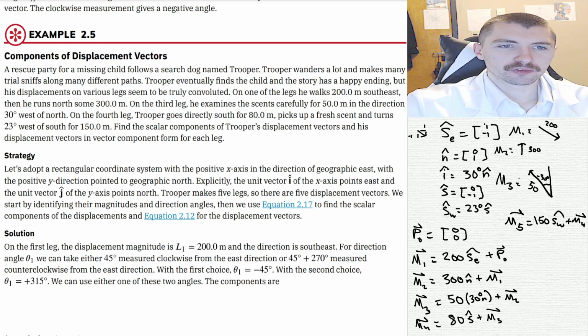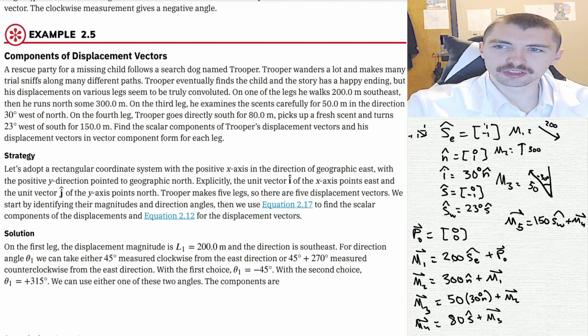So find the scalar components of Trooper's displacement vectors. Displacement one will be easy, that's just 200. You would just add all these up and we would get a number. I don't think it's necessarily asking me to compute this vector.